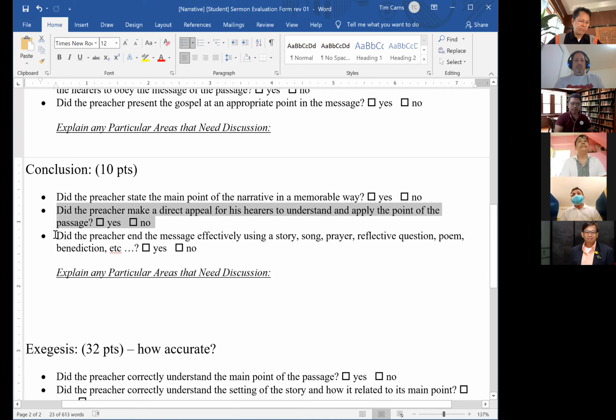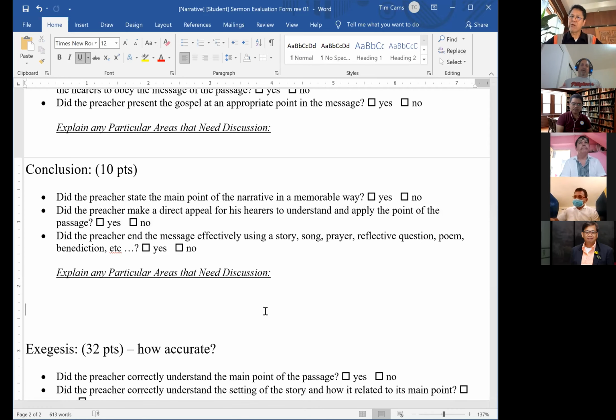And then, did the preacher end the message effectively? What I'm talking about is, rather than just saying, we're done or you're dismissed, is there a transition at the end, either with a story, a song, a poem, a time of prayer, a reflective question, a benediction, something like that, where you bring closure to that message, but you do it in such a way that you don't just move on to the next thing?